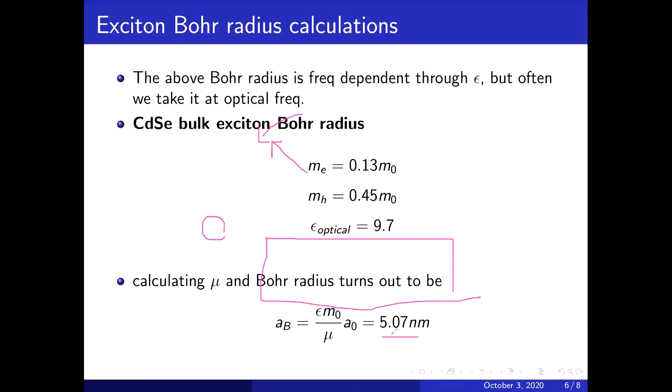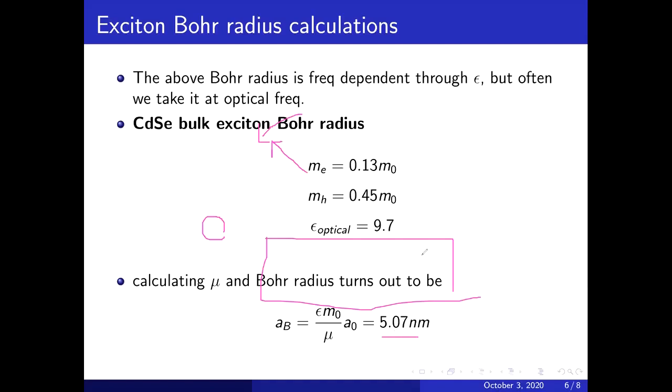So a large Bohr radius and a smaller Bohr radius. A large Bohr radius means the electron and hole are at very large distances from each other. So they might be weakly bound and take some sort of independent nature, and we can call them weakly bound or delocalized, or Mott Wannier type of exciton.